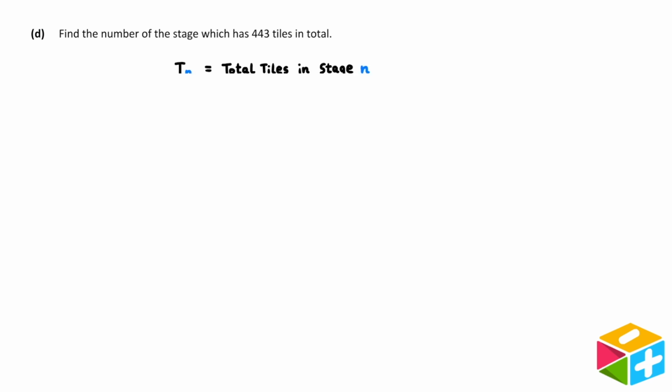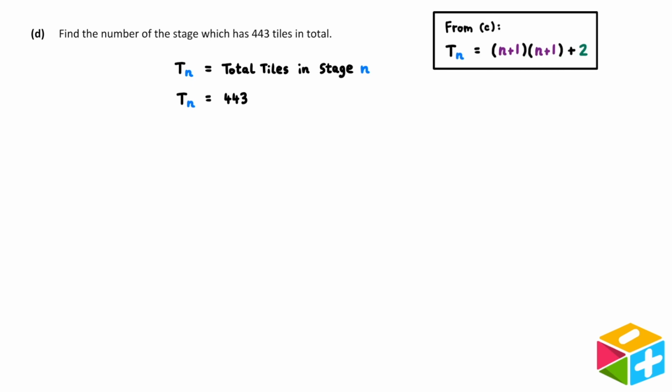In part C, we worked with an expression, Tn, which represented the total tiles in stage n. We want to have 443 total tiles, so we should set Tn equal to 443. In part C, we found an expression for Tn. It was equal to (n+1) times (n+1) plus 2.